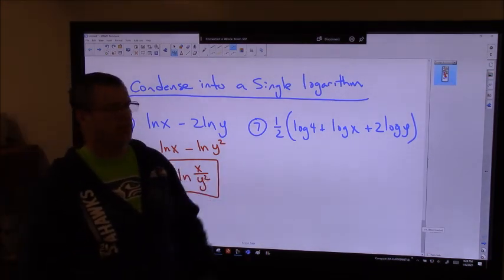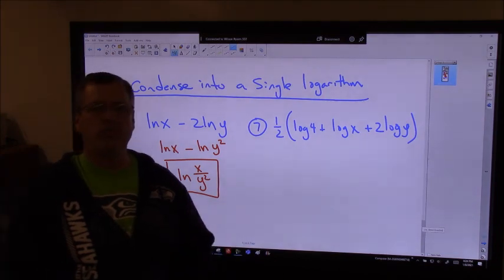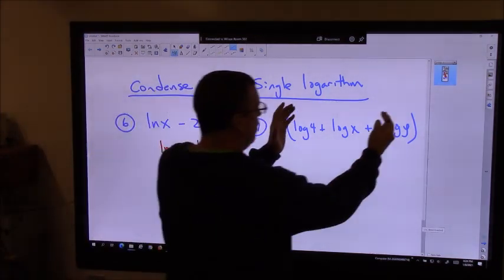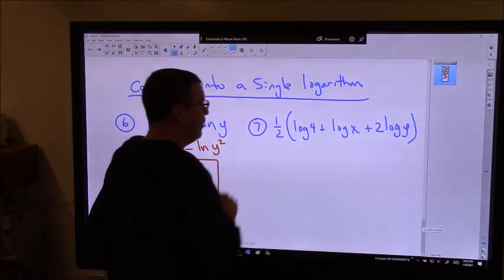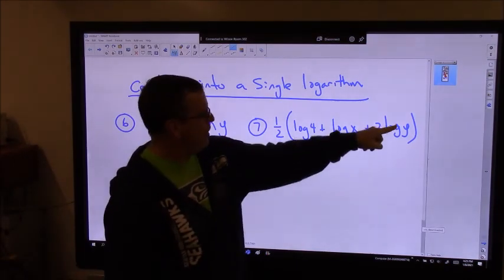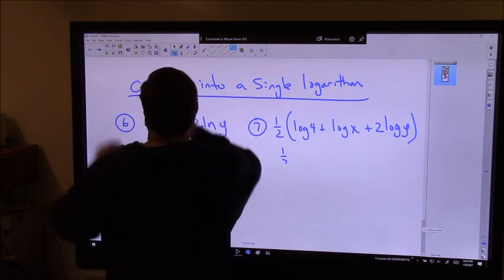So when I do this, I want to think, back to the order of operations. You always do what's in parentheses first. That doesn't change. Okay, so I want to condense all this stuff first before I deal with that 1/2 that's out in front. I'm going to bring that 2 up just like I did over here.